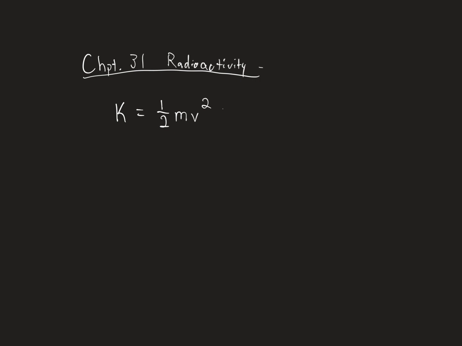We're reviewing radioactivity. This is one of the most important equations in radioactivity. What does that equation give you? What is it? Kinetic energy. Kinetic energy, 1/2 mass times velocity squared. Congratulations, Dr. Iyer. You are still employed. Okay, so you can calculate kinetic energy of different particles by calculating their mass times their velocity squared.